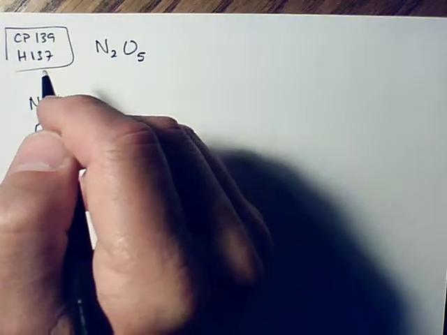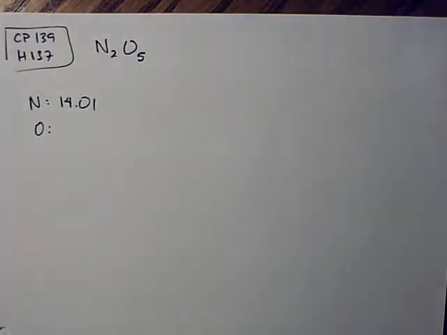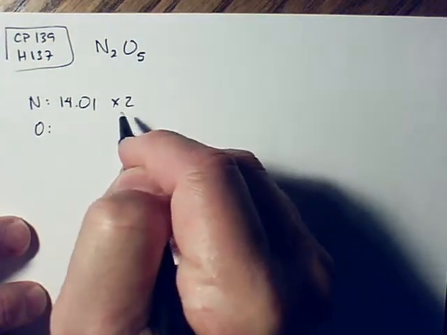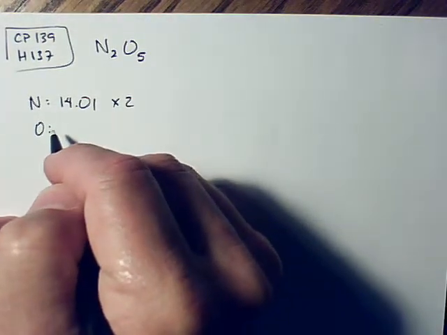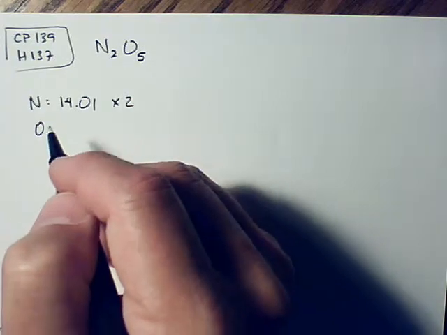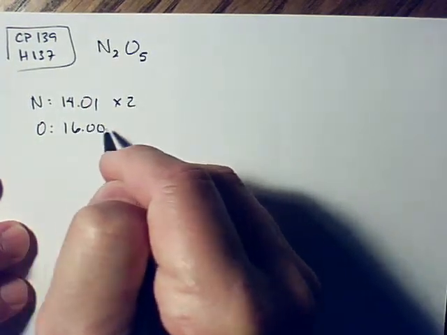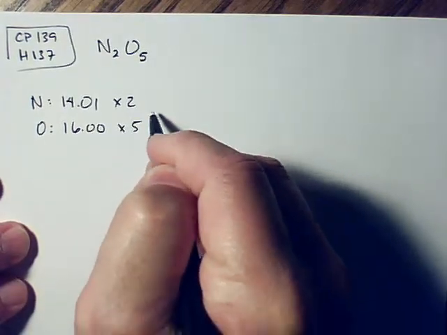In an honors class, it'd be 14.0067. Okay, so anyway, we've got two of these, and oxygen on the AP version of the test references, which we use in honors chemistry, is 16.00, and we have 5 of those.